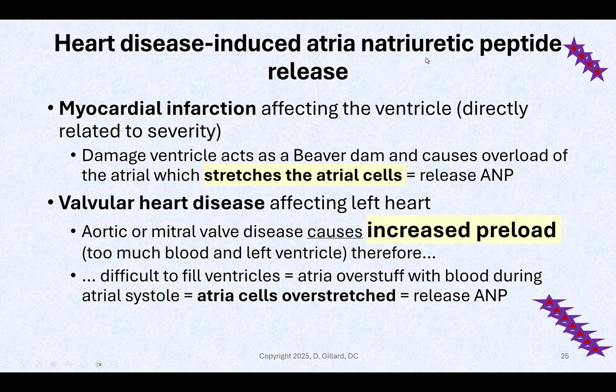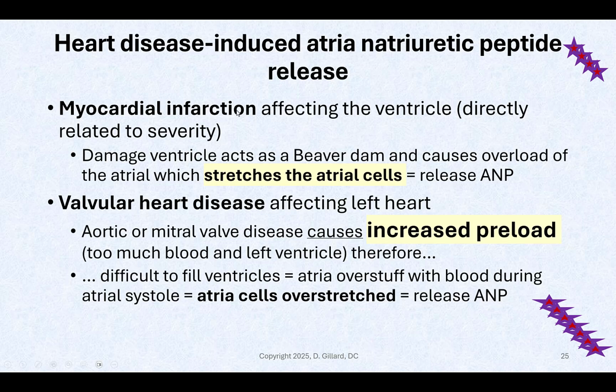Heart disease-induced natriuretic peptide. What's the story with this? The overall theme here is that if the heart acts as a beaver dam and causes a backup of blood into the atria, it's going to stretch the atria. And that is going to shoot out atrial natriuretic peptide.